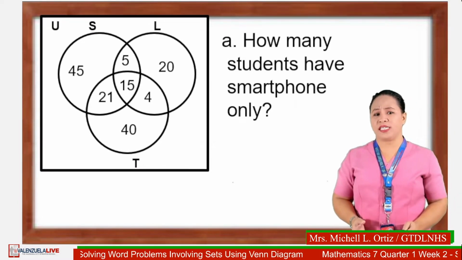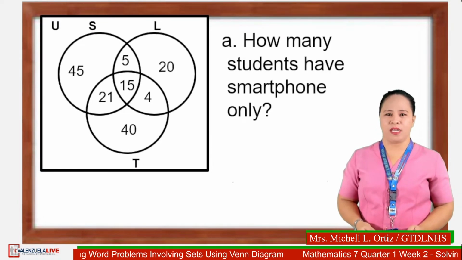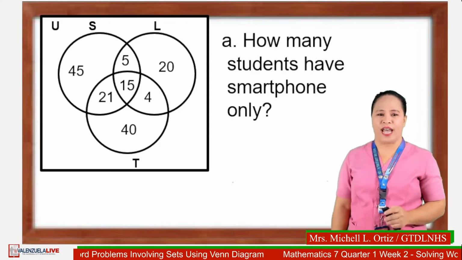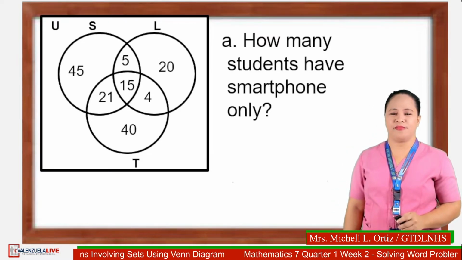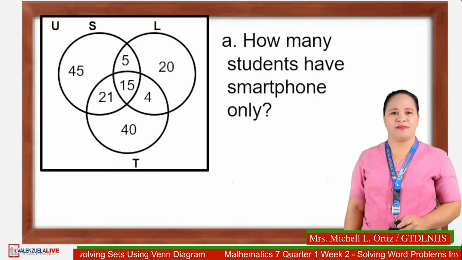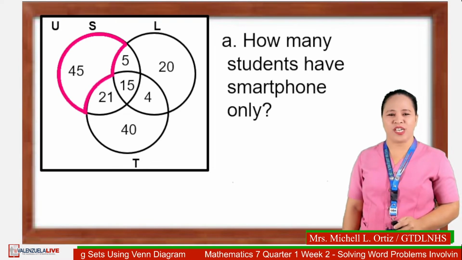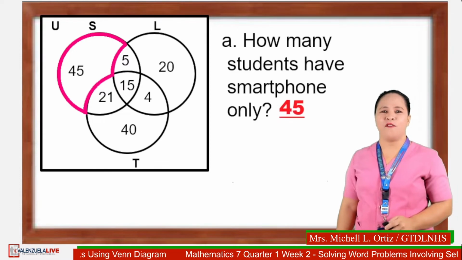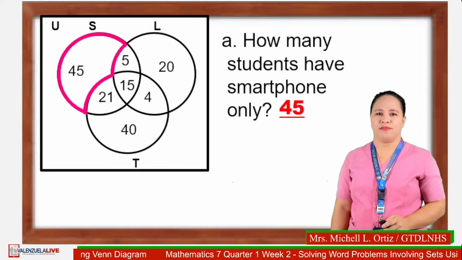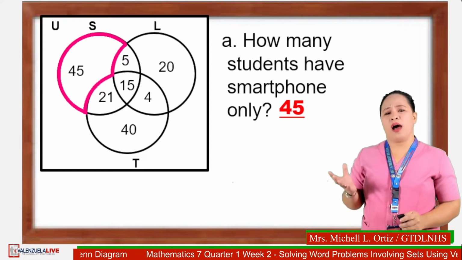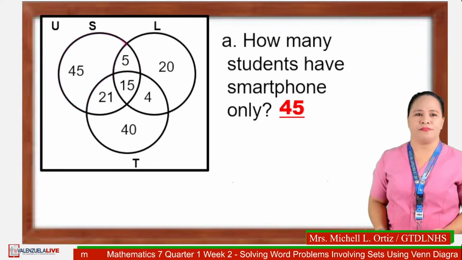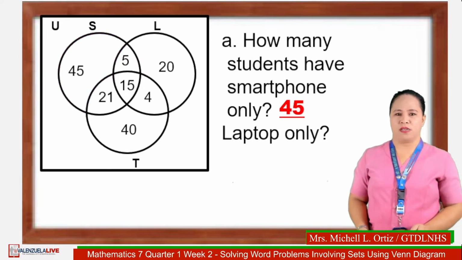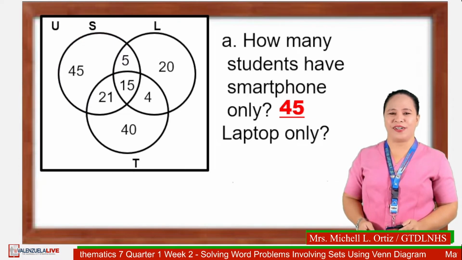How many students have smartphone only? Based on our given Venn diagram, what do you think is the answer? If your answer is that region, so you must have 45. So, how about those who have laptop only? What do you think is the answer?